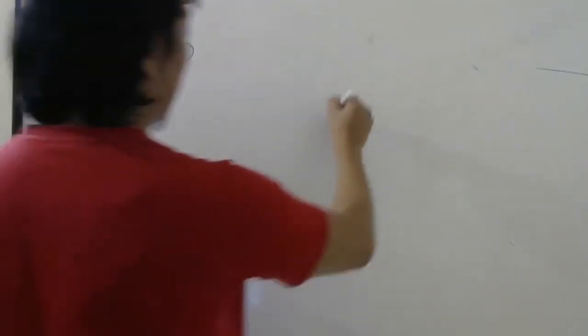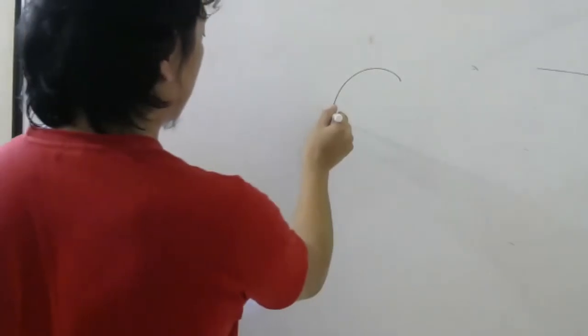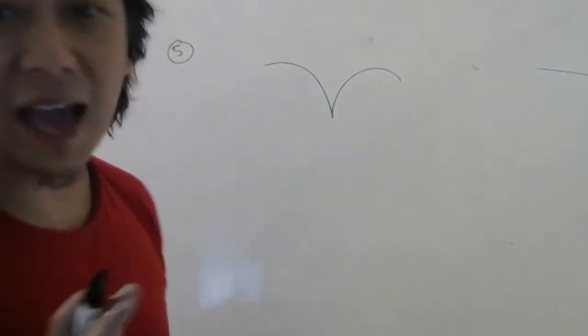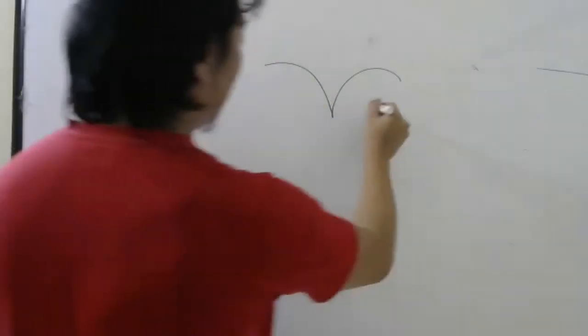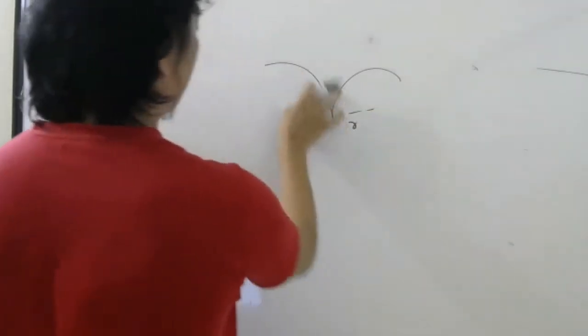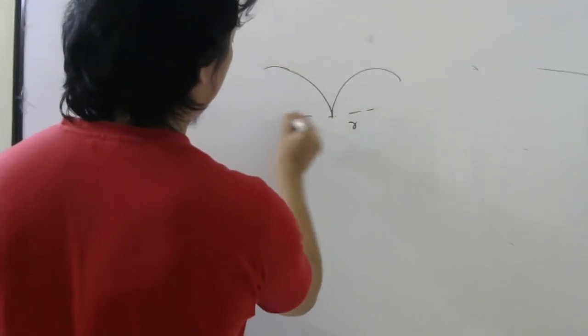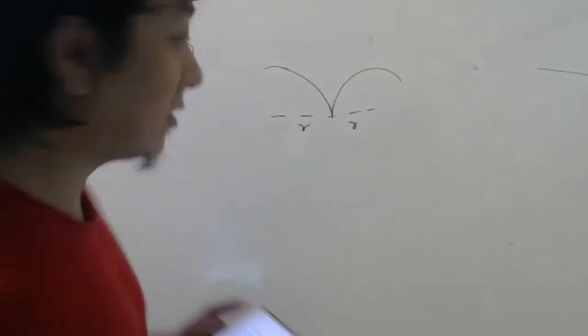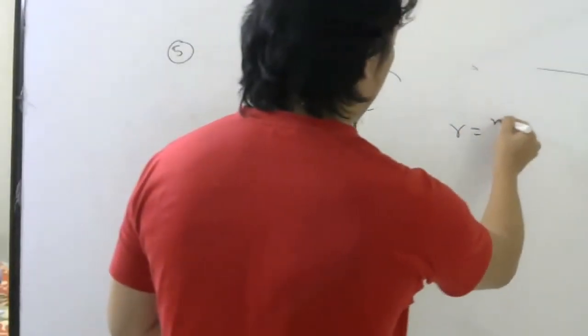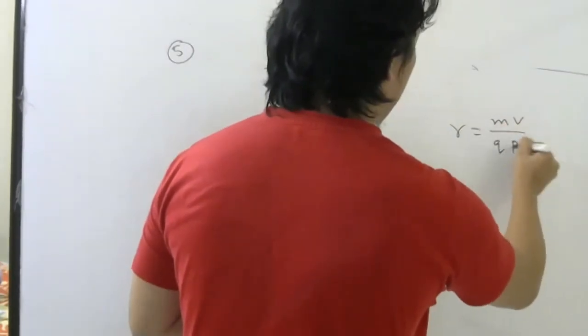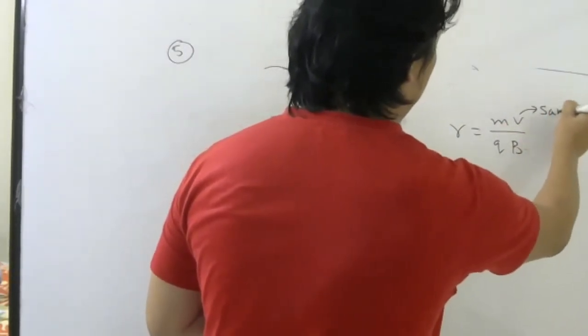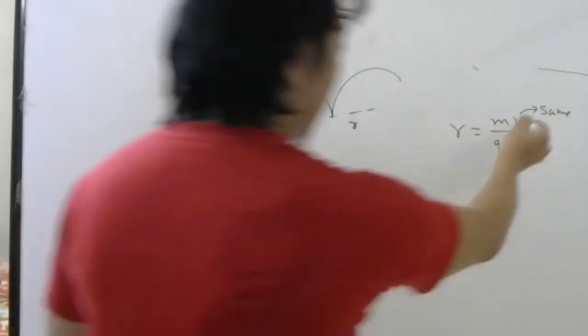So one is going like this when you see from here, one is going like this, exactly identical. That means the radius is exactly same. Now, if the radius is same, what is the formula for radius? mv by qB. They must mention the v is same. Whether you write v perpendicular or not, the v is same.